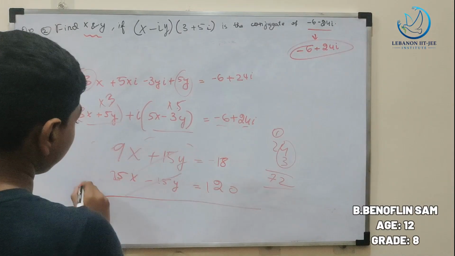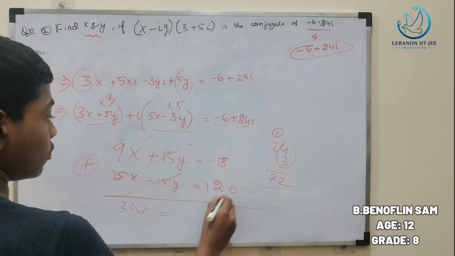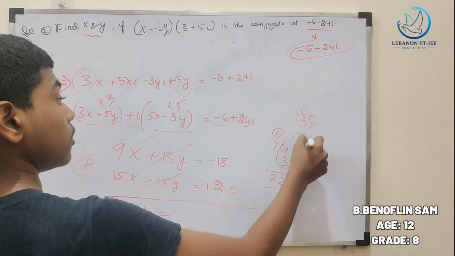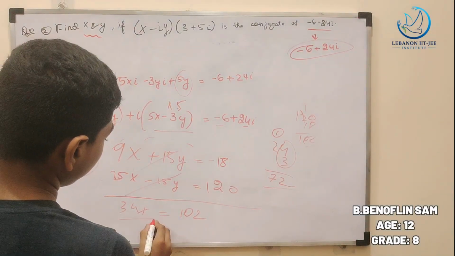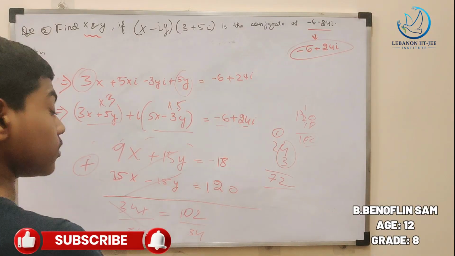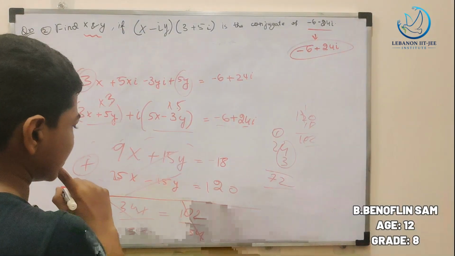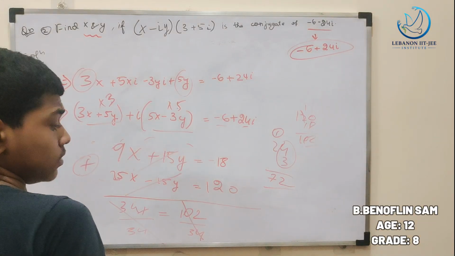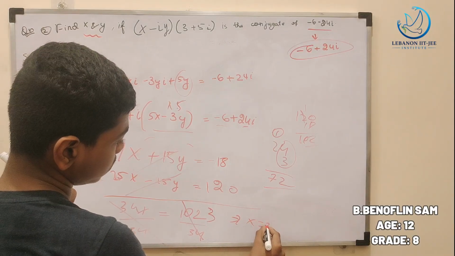So you add the equations, and you will get 34x is equal to 102. Dividing both sides by 34, x is equal to 3.